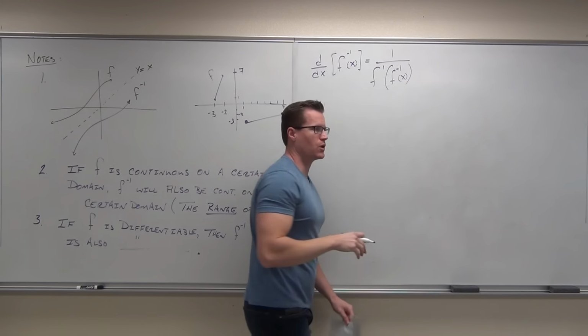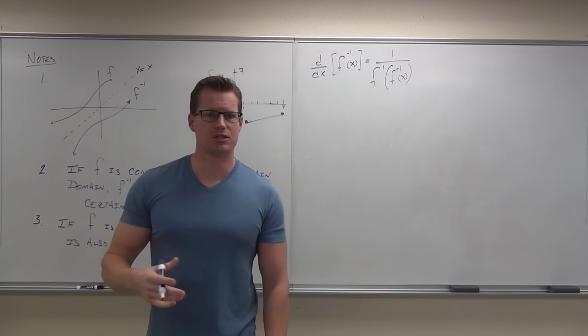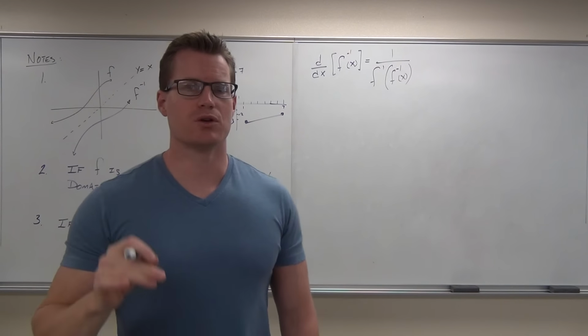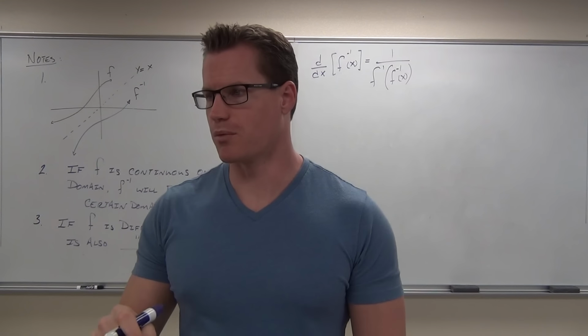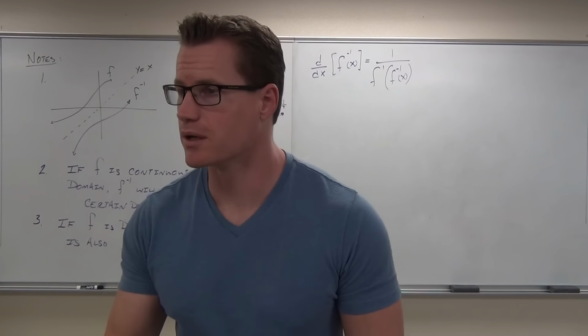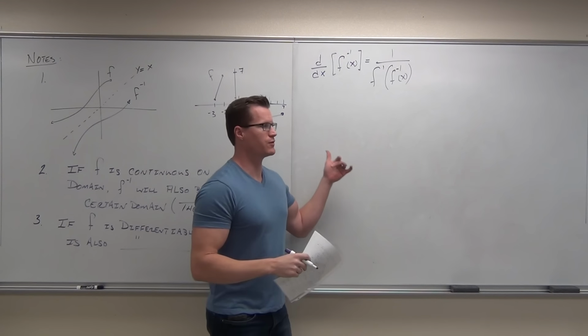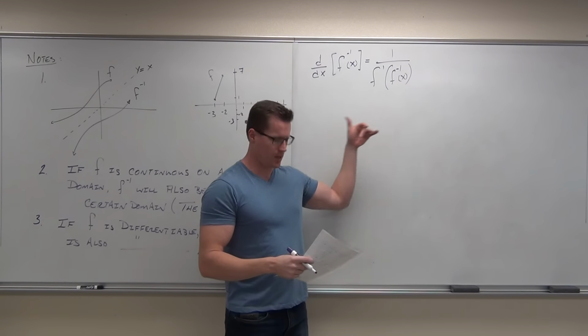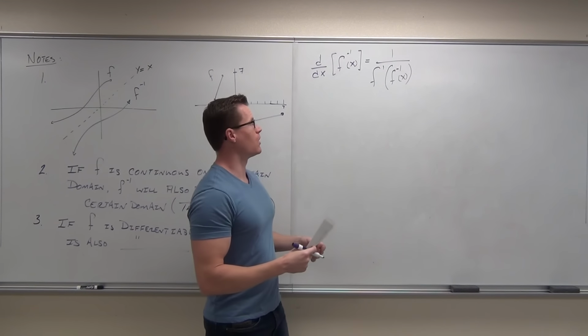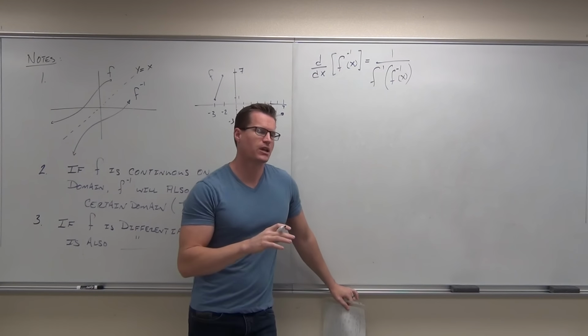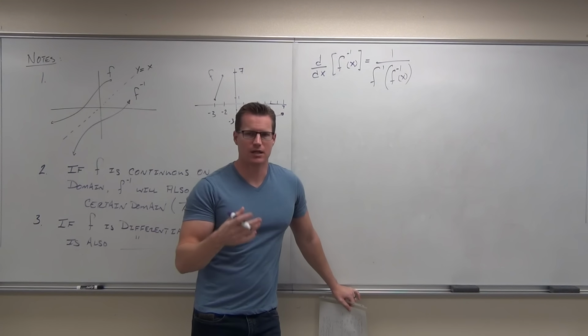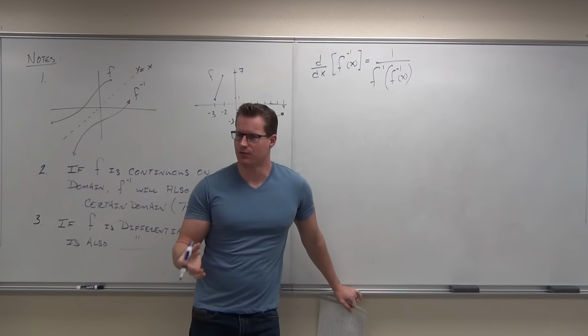If you don't know how to find that explicitly, you can't do that for every point, but you can do it for a given point. I'll show you that example in just a minute. So we can actually work around finding the derivative of the inverse itself. Let me give you a couple examples on how we can evaluate inverses at certain points given a function.